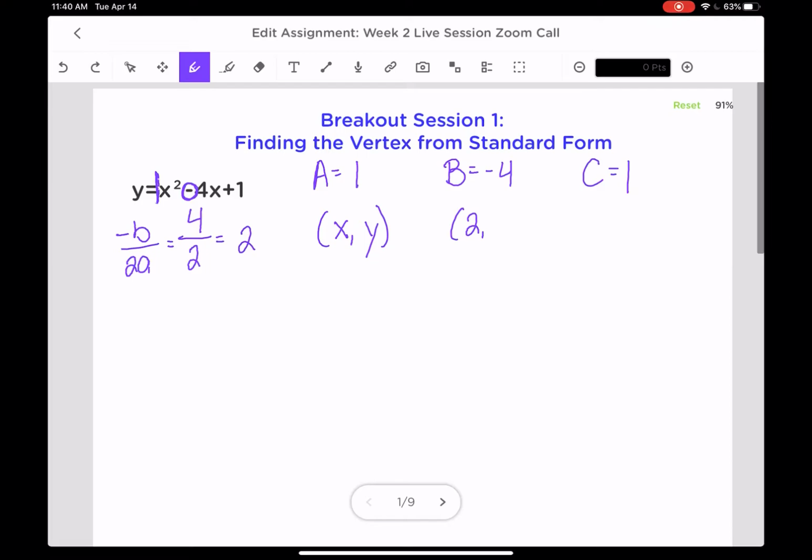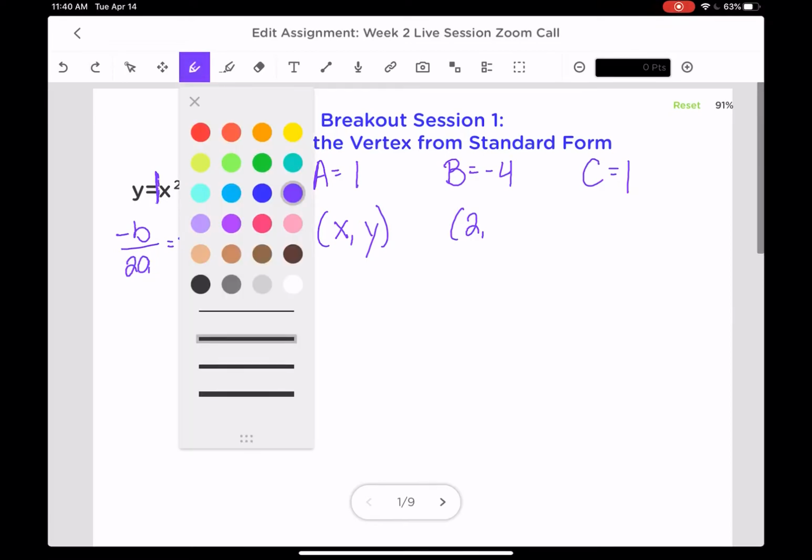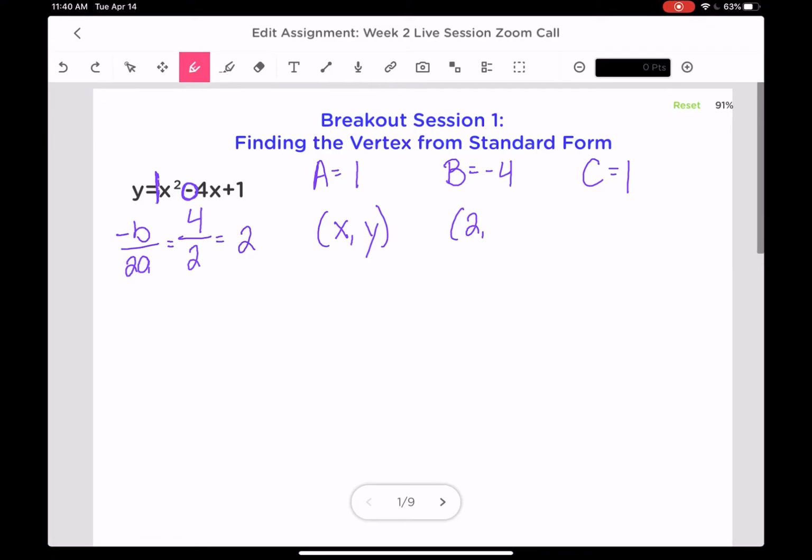Now I don't know what my y value is just yet, but I can find that by taking this 2 and plugging it in for x in my original equation. So I have y equals x squared minus 4x plus 1. So y equals 2 squared minus 4 times 2 plus 1.